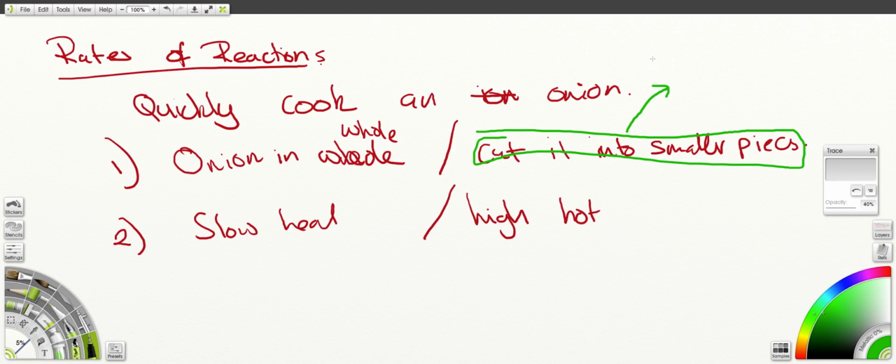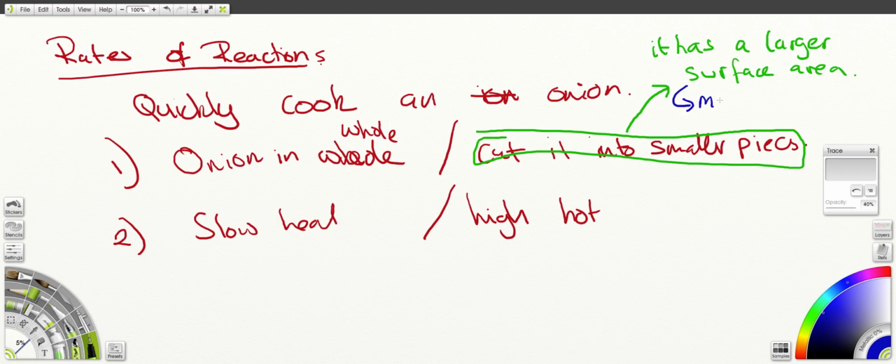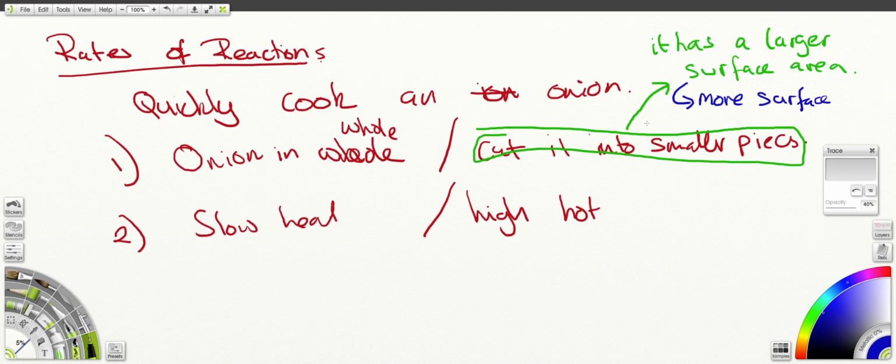Because when you cut something down into smaller pieces, it has a larger surface area, and because of this, there's going to be more surface available for reaction to occur.